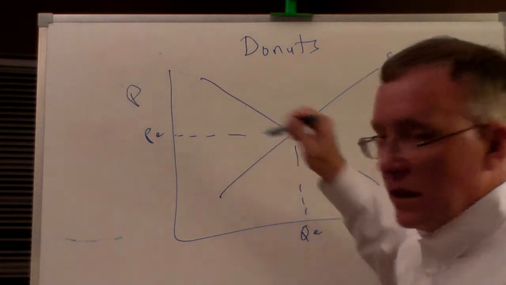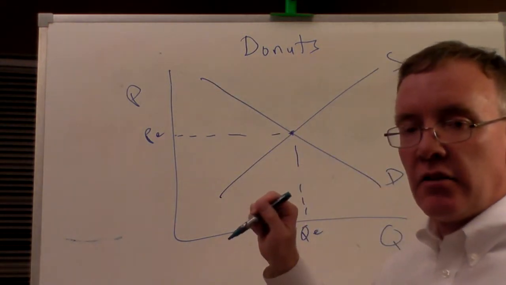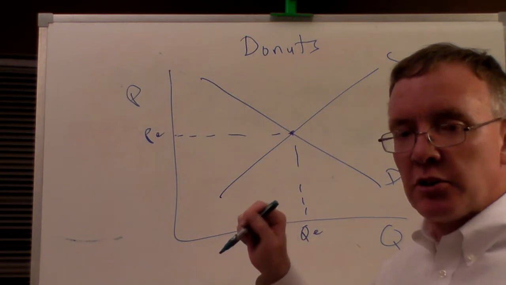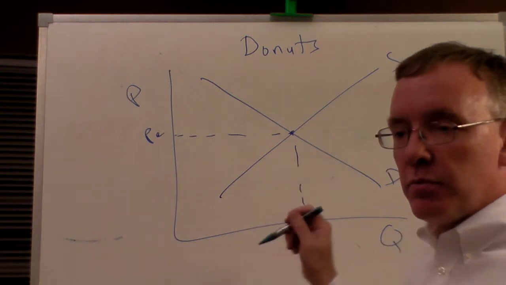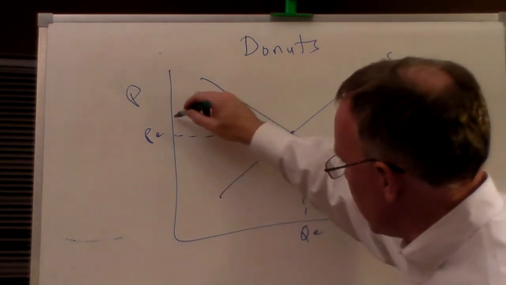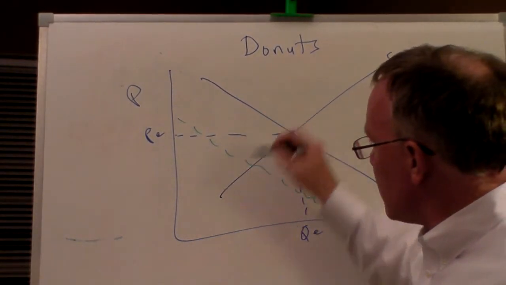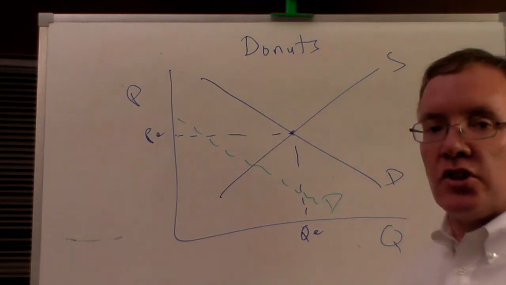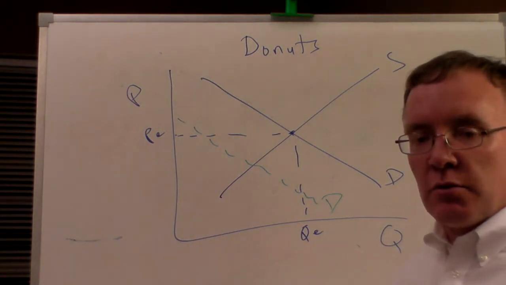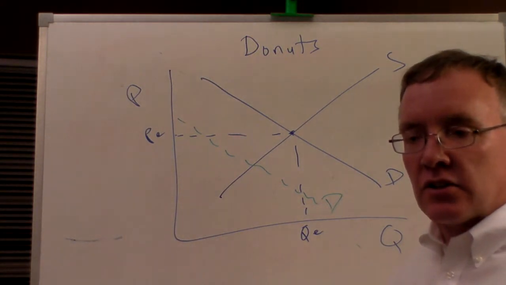So we have an increase in the quantity demanded for bagels as the bagel prices fell, but this shifts the demand curve for donuts. And so for any particular price, the quantity of donuts demanded is going to fall.